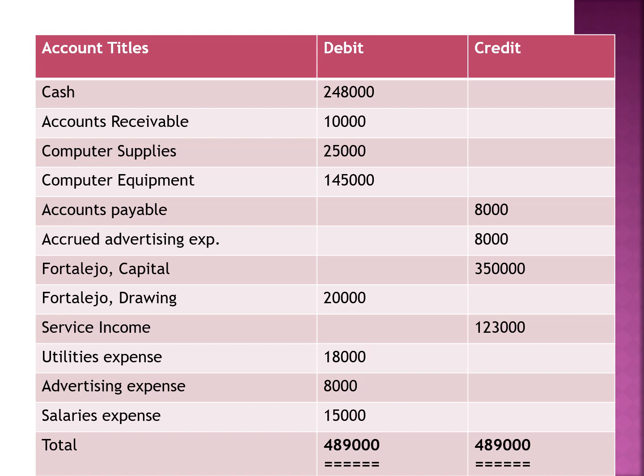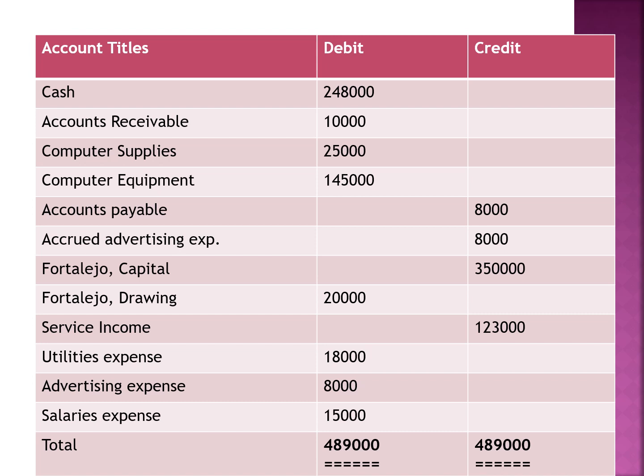Then capital, then drawing, then all the income followed by expenses. So that should be the arrangement. I repeat, you write current assets, non-current assets, current liabilities, non-current liabilities, then capital, drawing, then first list all the income before all the expenses.